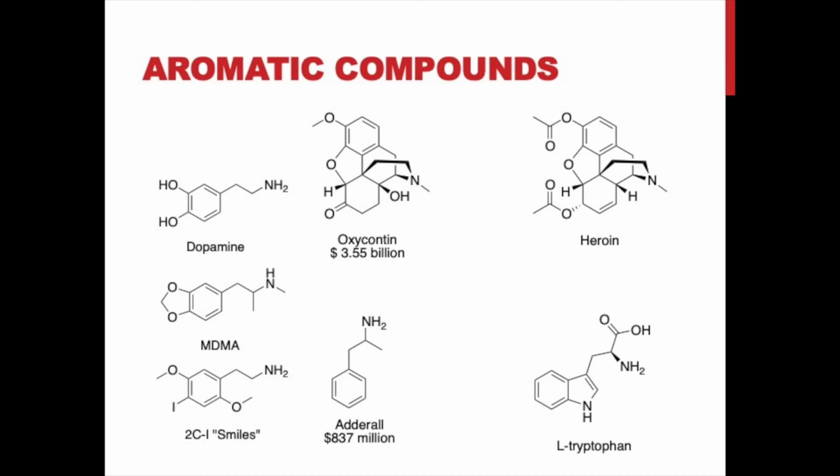Then down at the bottom left, you have 2CI, which is called smiles. Drug dealers are way more inventive than we give them credit for. There's a guy at a university whose entire research program is making psychoactive compounds. Then he publishes papers where he's like, hey, I made these compounds, right?